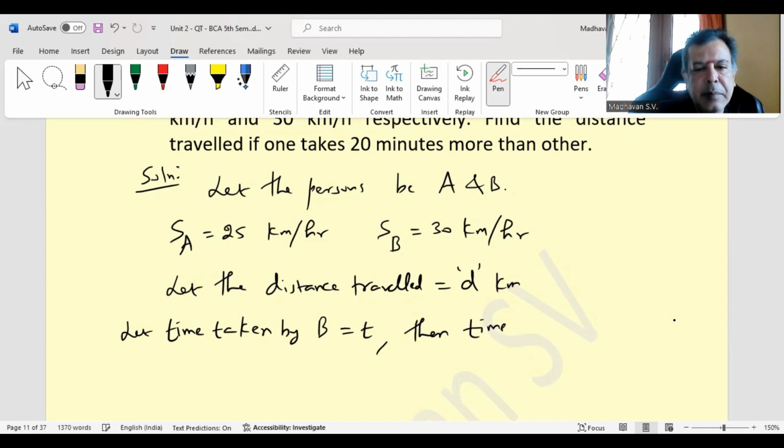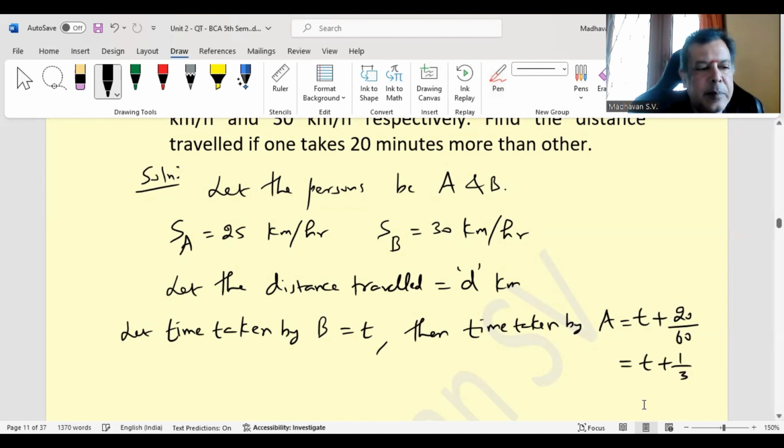time taken by A will be T plus 20 minutes, since it is in minutes, whereas we need in hours, so divided by 60, or we'll say T plus 2 by 6. 2 by 6 is 1 by 3.